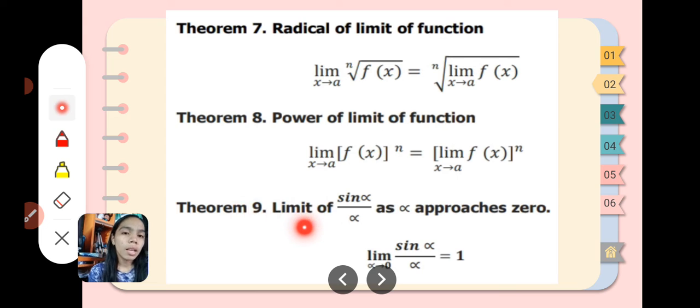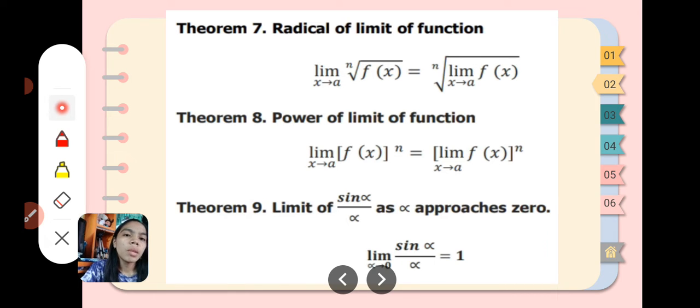And for the last theorem, theorem 9, the limit of sine alpha over alpha as alpha approaches 0. The limit of sine alpha over alpha as alpha approaches 0 becomes 1. So when sine alpha over alpha as alpha approaches 0, the answer is 1.